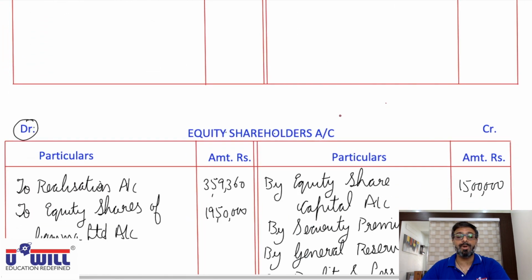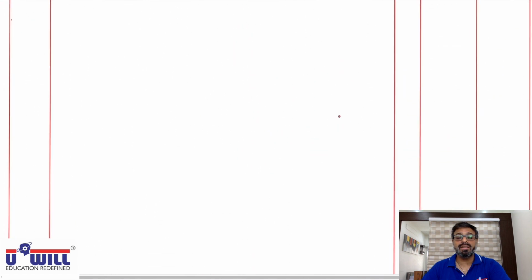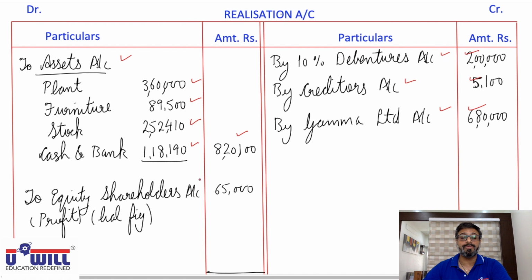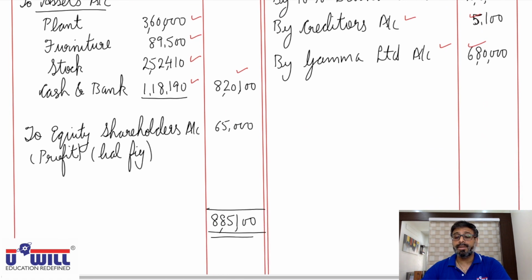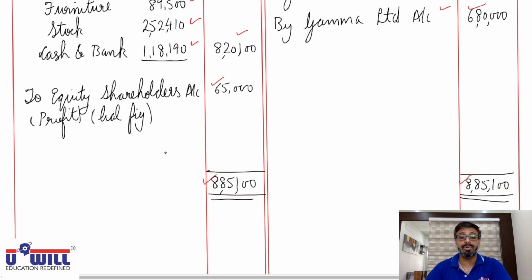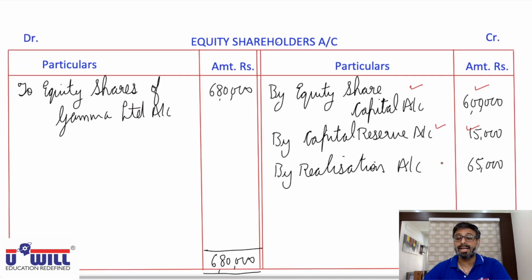So step 13 and 14, what you are supposed to do is, first, realization account you will balance and transfer to equity shareholders account. Credit side is more here. So realization account credit side 8,85,100, both the sides same total, minus 8,20,100, 65,000 will be transferred to equity shareholders account. And equity shareholders on credit side by realization account 65,000.